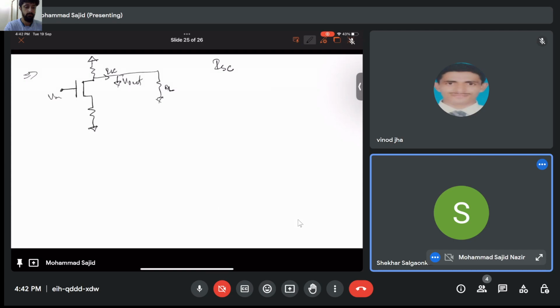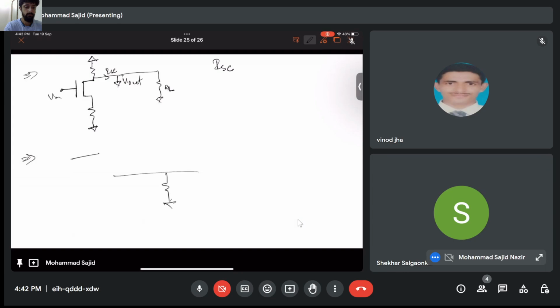If you draw the equivalent circuit, this is RS, this is Gm VGS, this is R naught. Now, if you have to calculate R out, let's say there was RL as well.